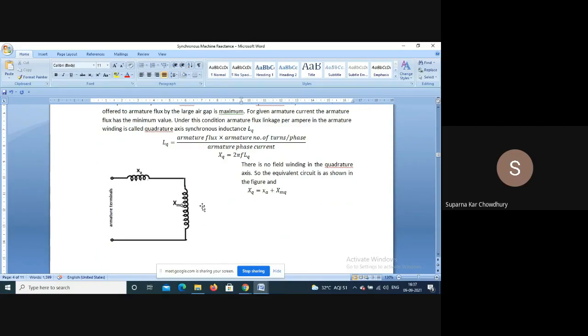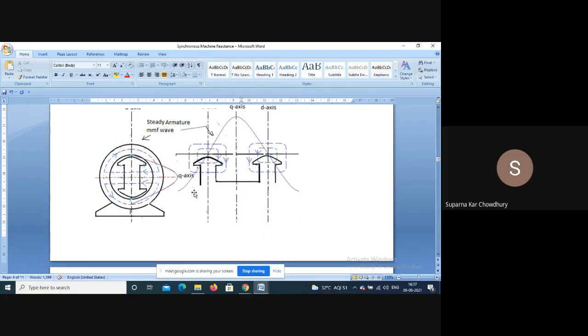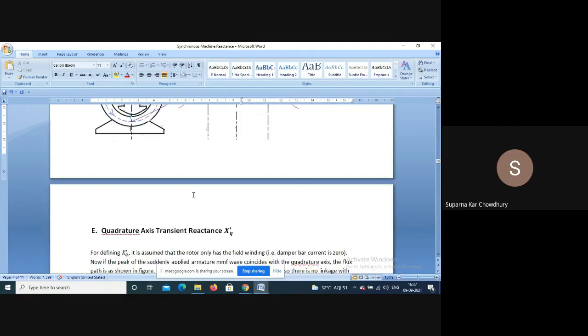So in the steady state we will have XA and XMQ, the magnetizing reactance in the quadrature axis, in series. So XQ will be XA plus XMQ, and the distribution will be like this. As you can see from the figure, the reluctance is quite high, so flux will be less, so obviously our XQ will be less than XD.